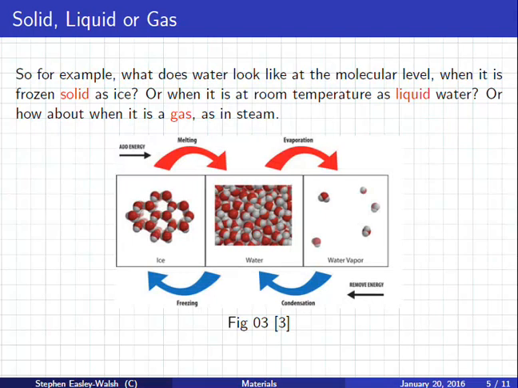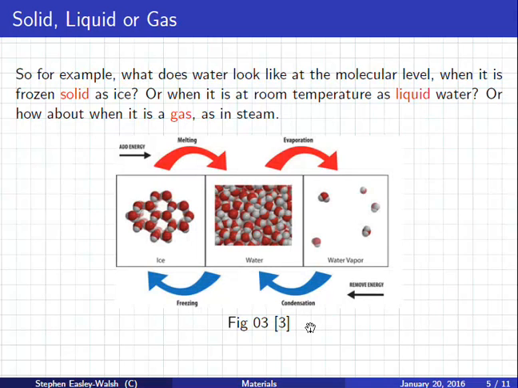The molecules are quite tightly packed together and they're not really free to move, but they can vibrate. When it's liquid water, they're very close together and quite free to move. But when it's a vapor, a gas as steam, they're not close together and they're very free to move.